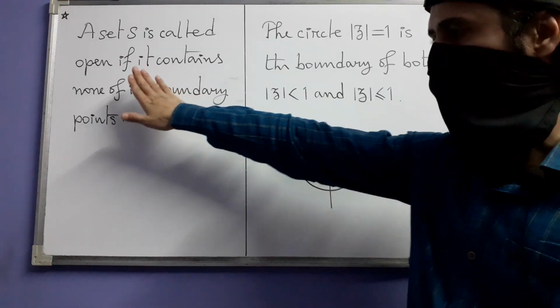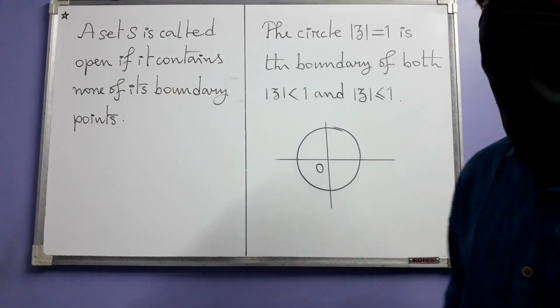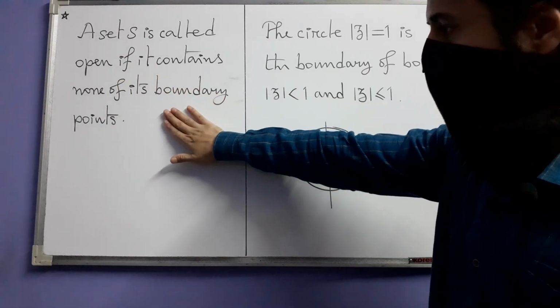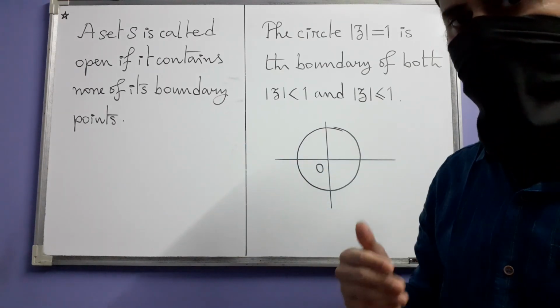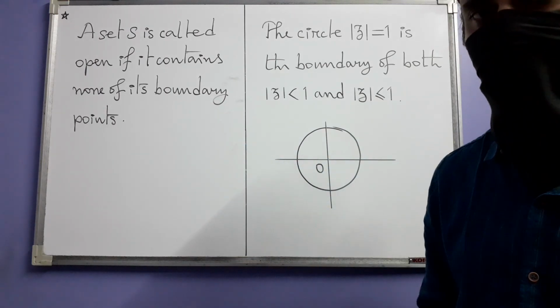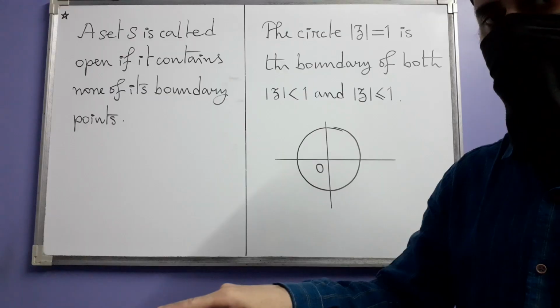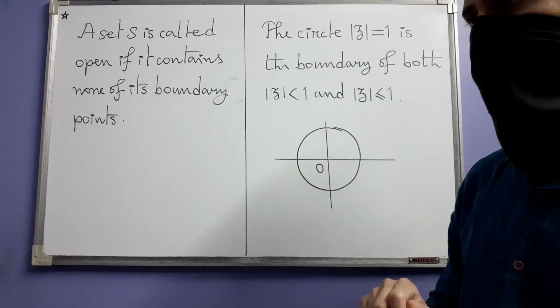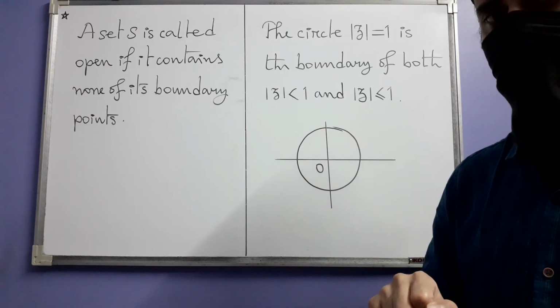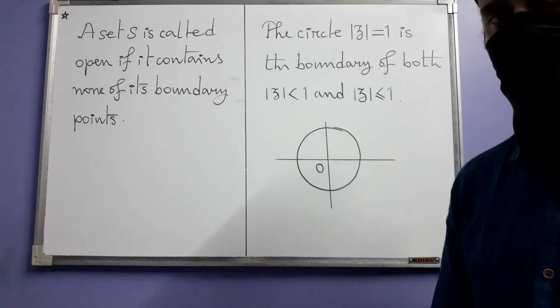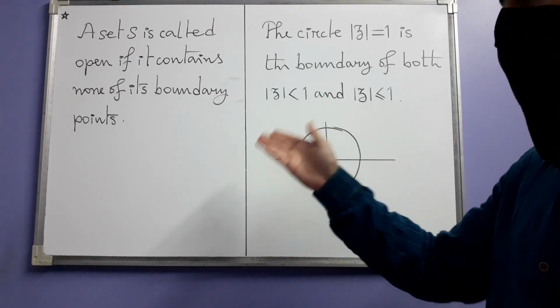Now we have come to the main thing, open sets, closed sets. This definition of a set being open may be slightly different from what you have got elsewhere, but the other definition that you have got somewhere else, which involves interior points, is equivalent to this one. But anyway, let's see what this means.